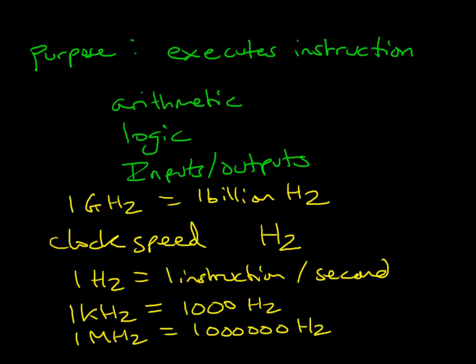If we then look at some real processors and how fast they are, we can look at, for example, the Xbox 360. So this processor has 3.2 gigahertz as its clock speed. So it's able to execute 3,200,000,000 instructions in just 1 second.